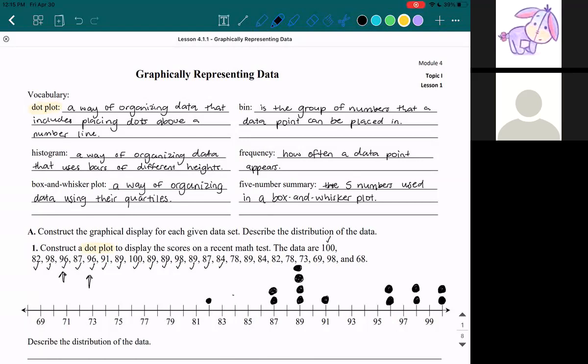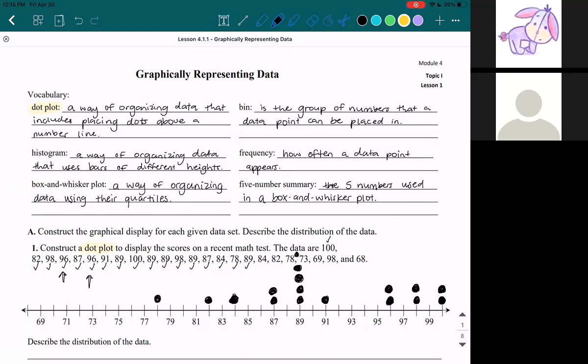84, so that's such a big dot compared to this one. I'm just going to make it bigger. There we go. 78, 89 again.